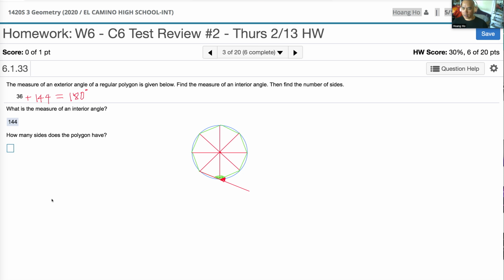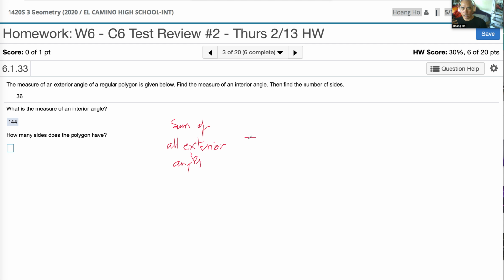Now they ask you how many sides the polygon has. This is what we do. The sum of all the exterior angles always equals 360. Now you know one of the exterior angles is 36.